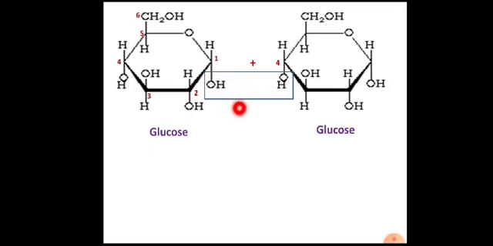So there will be removal of HOH, that is H2O. What remains is only 1 oxygen here, and there will be removal of 1 water molecule like this, HOH, and that leads to the formation of the glycosidic bond.